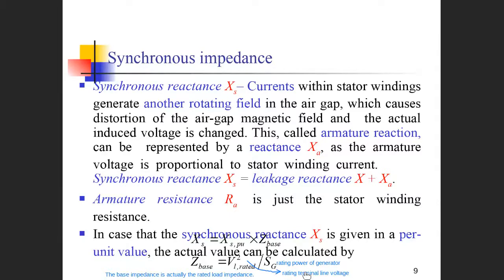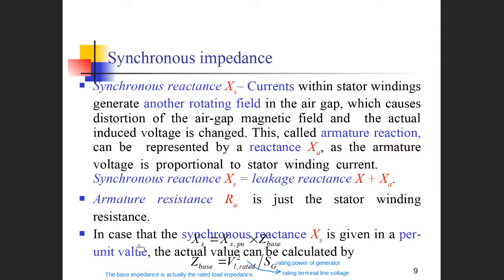For a three-phase generator, VL here is the rated terminal voltage, squared, over the rating power of the generator, the generator's three-phase total power. This is the base impedance. This is also actually the rated loading impedance. That's the meaning of it.